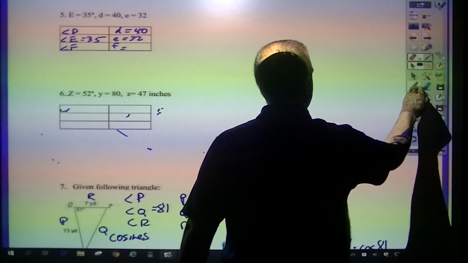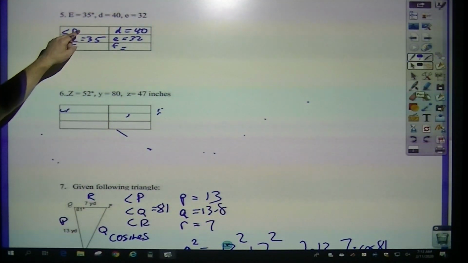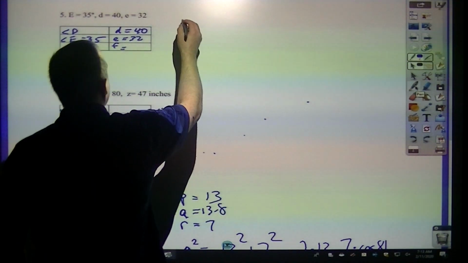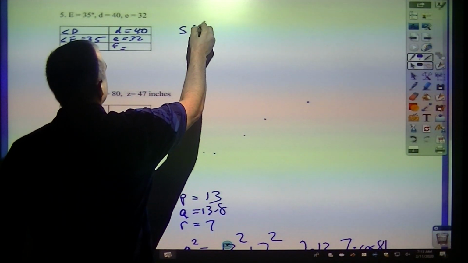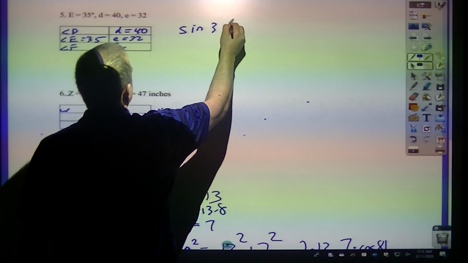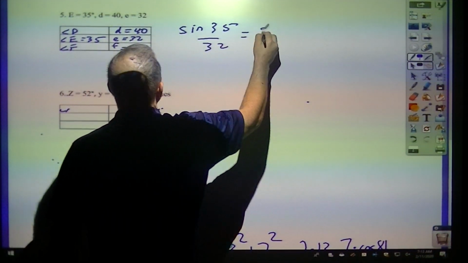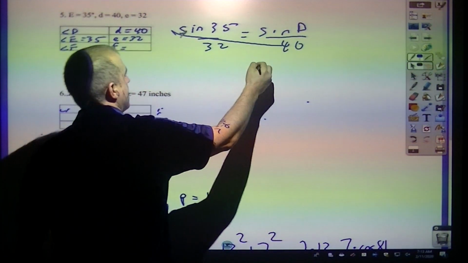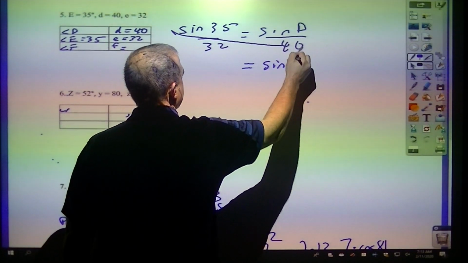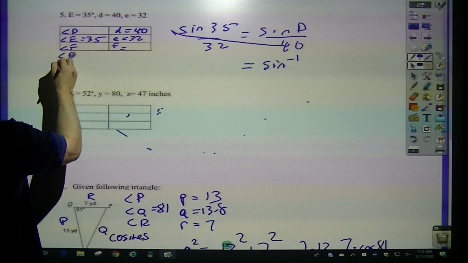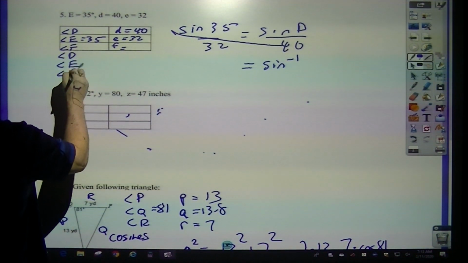Because I'm given two sides with an angle that matches, I can automatically set the sine of 35 over 32 equaling the sine of D over 40. So this is going to come up, and then I'm going to do inverse sine here. So the possibility exists for two triangles.